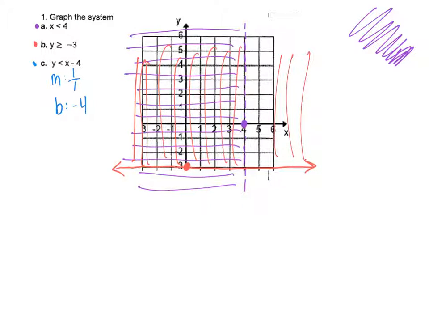Please make a -4. Make a dot down there. And lucky us, this goes upward. Rise 1, run 1. Rise 1, run 1. Okay, so you're going to do that with your color. Rise 1, run 1.